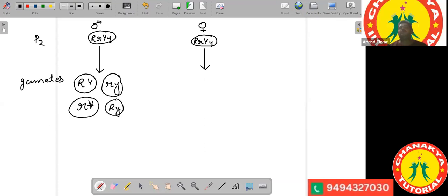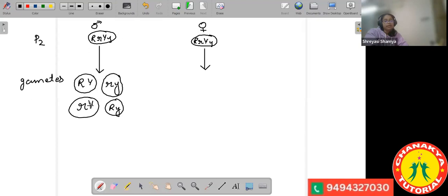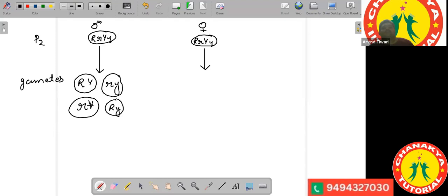So, by which law of Mendel are we obtaining this? Independent assortment. Yeah, law of independent assortment and law of segregation. Both are here. We see both of them.